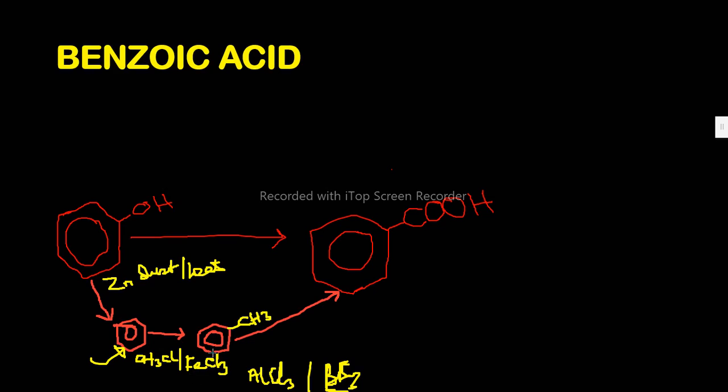So we shall add this methyl group, and then after we shall oxidize using a strong oxidizing agent, not so. And in this case it is potassium manganate 7 or potassium permanganate, and it must be acidified and heated. So basically it's as simple as this.